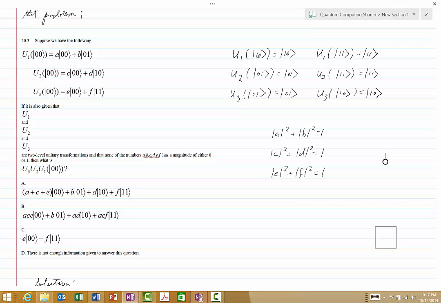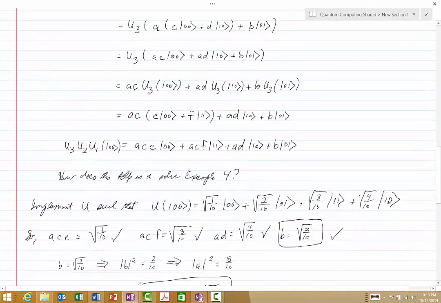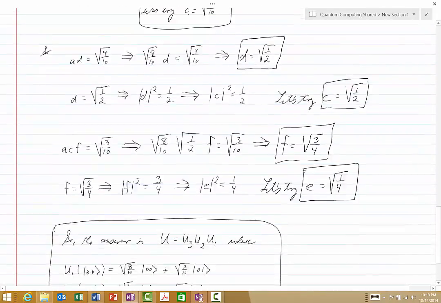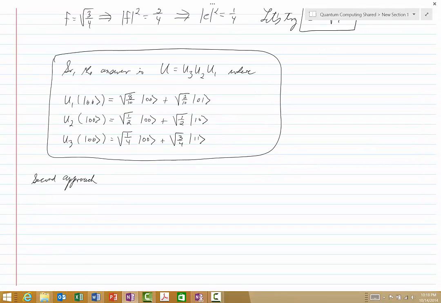And so many students did the following. They said the matrix for U1 was equal to A, B, 0, 0. We know that from the given information.